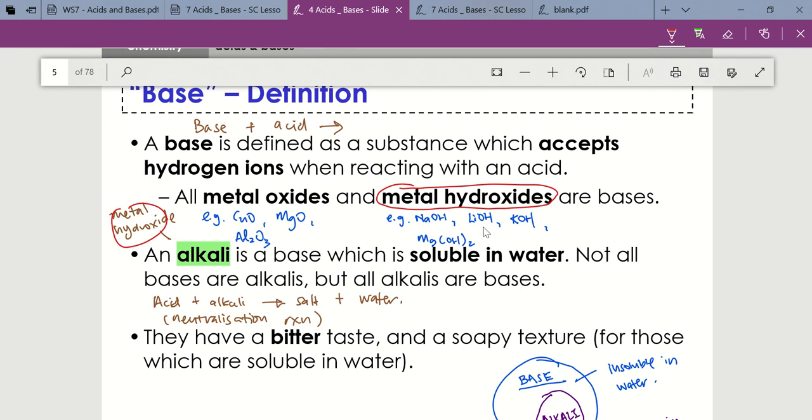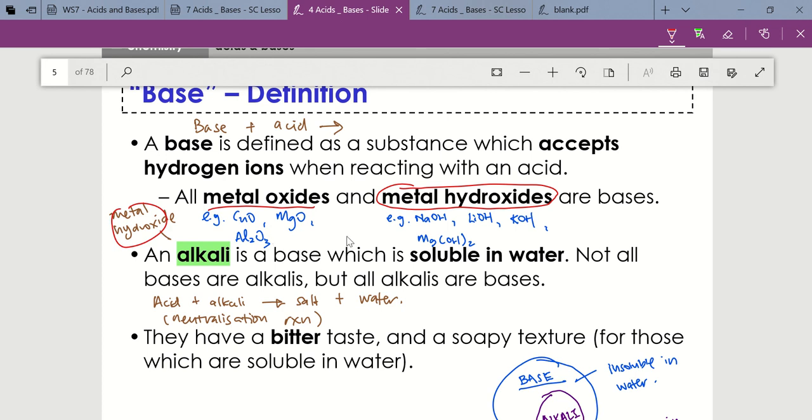Example, sodium hydroxide, lithium hydroxide, potassium hydroxide, magnesium hydroxide. So any metallic hydroxides are bases. In addition, any metal oxides are also bases. So example, copper(II) oxide, magnesium oxide, aluminium oxide, iron(II) oxide, sodium oxide, they are all bases.